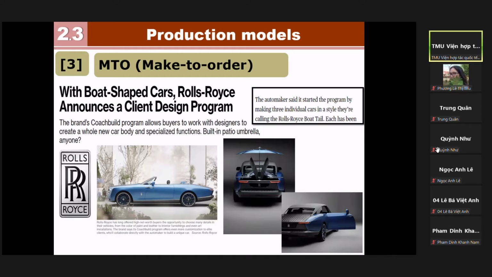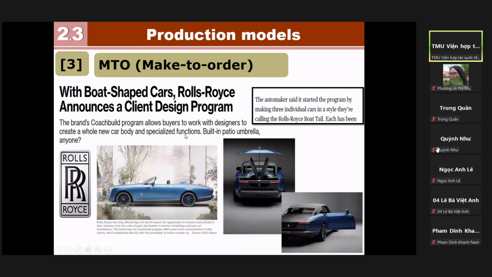It means they have the standard design of this car model first, and when the customer comes and says, okay, I would like to order this version of Rolls Royce, they start producing it. Therefore, the customer may make some changes to the product.